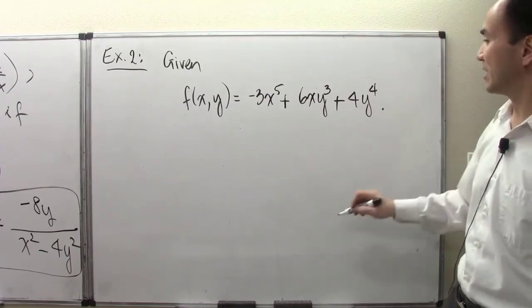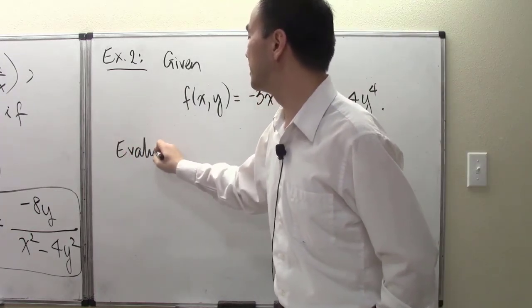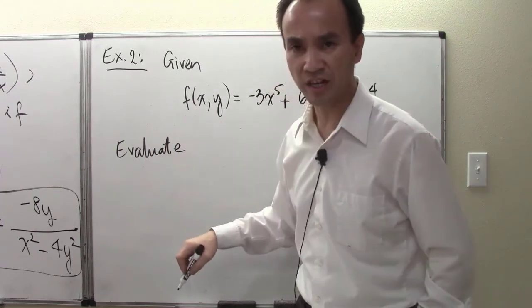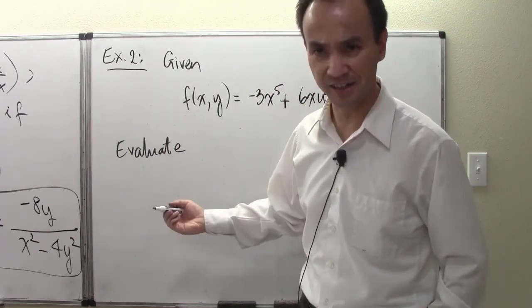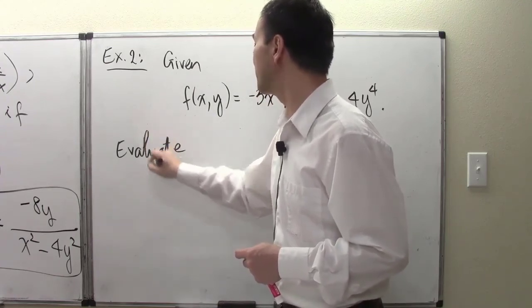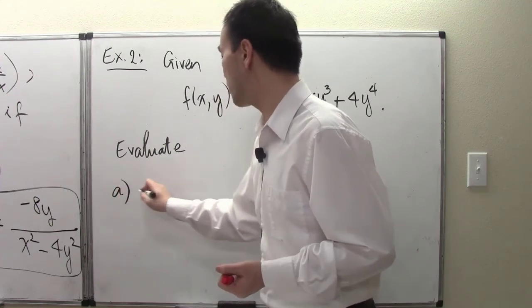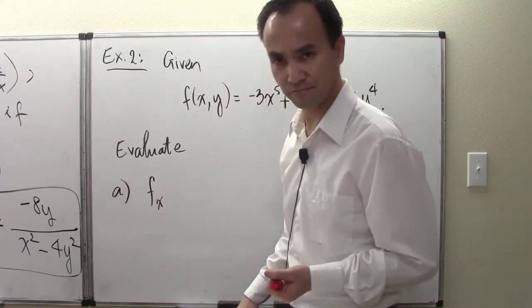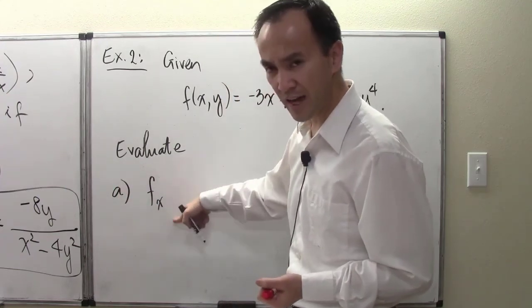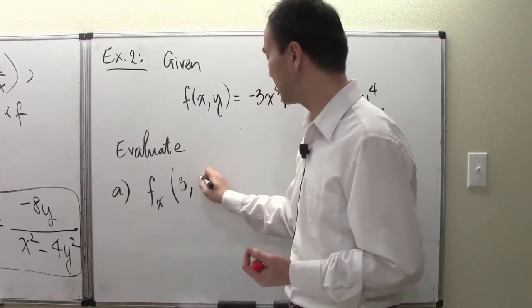Now we want to evaluate, or sometimes your assignment or textbook may refer to this as find the value. I more commonly call that evaluate. So what do we evaluate here? Let's say evaluate f sub x, the partial derivative in respect to x, at the value 3, 4.